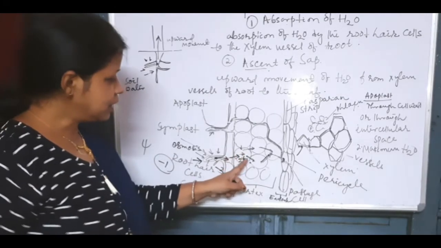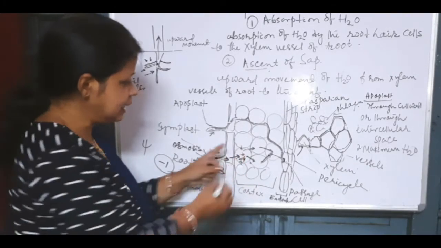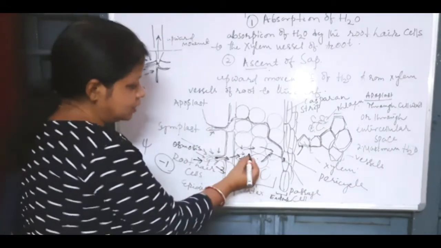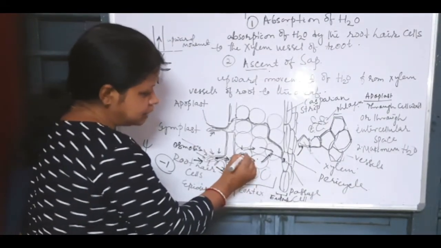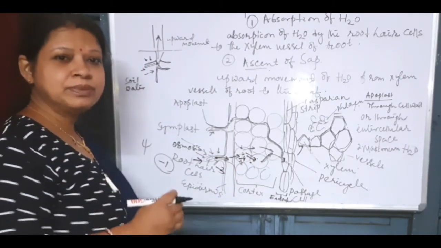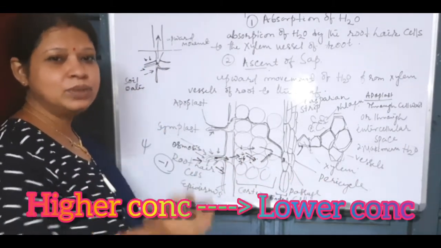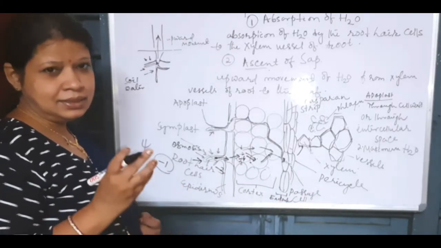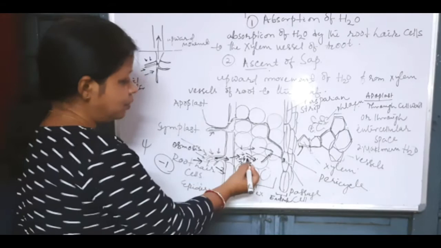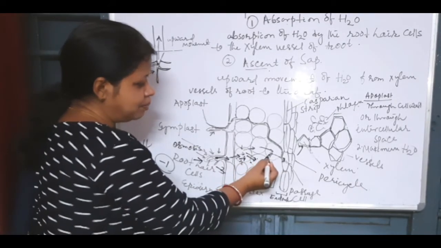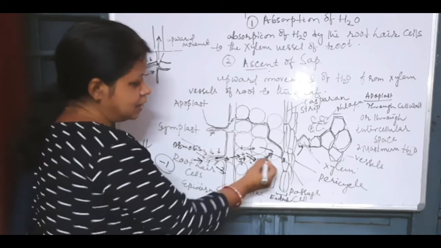Once the water content is higher in one cell and the neighboring cell has low water potential, water moves from this cell to that cell. So always water moves from its higher concentration to its lower concentration through the semi-permeable membrane, that is osmosis. Water will move in this osmotic way through the plasmodesmata from the neighboring cell.